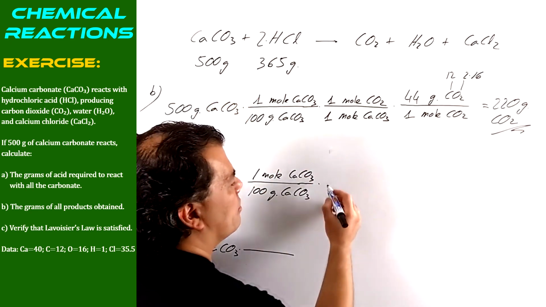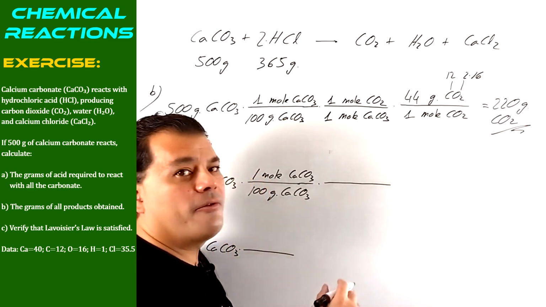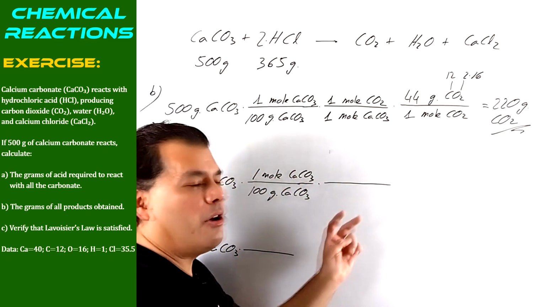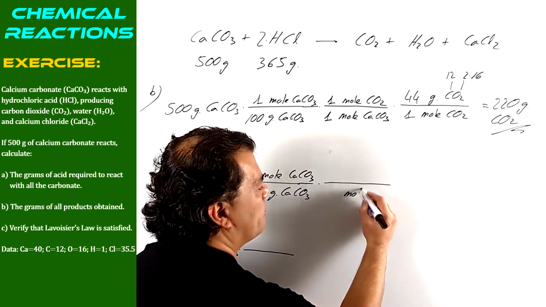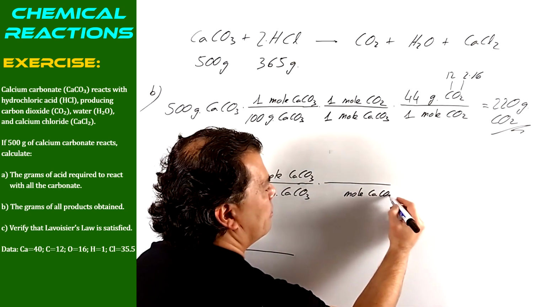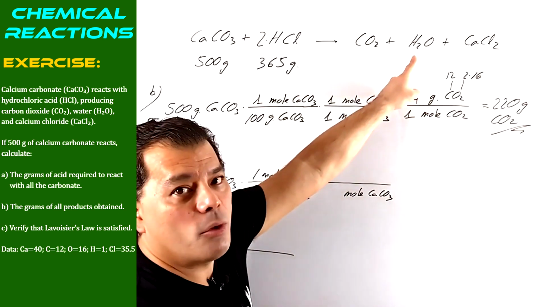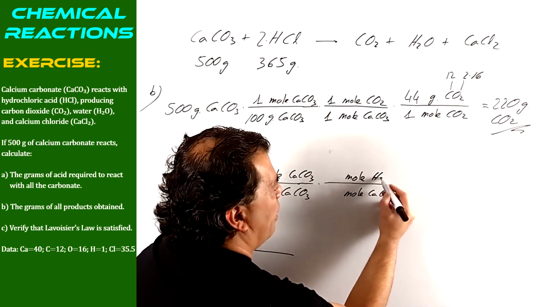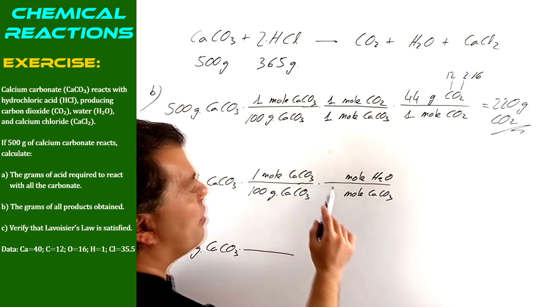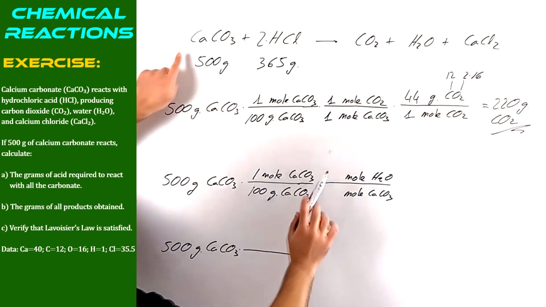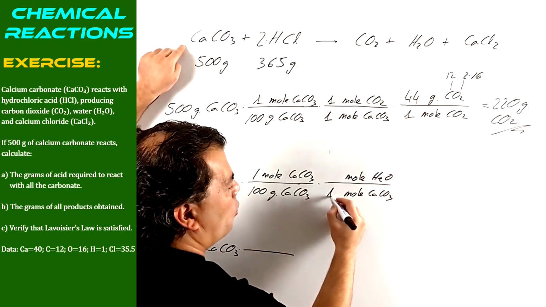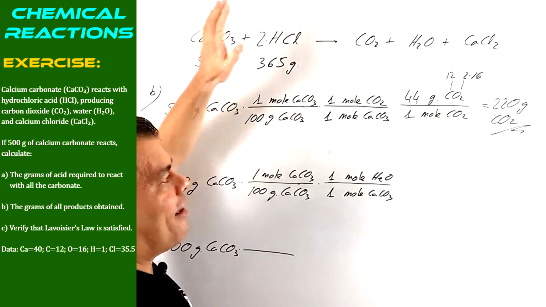The difference is here in the second conversion factor, because here we are moving from moles of calcium carbonate to get into moles of water. And now there come the stoichiometric coefficients, 1 for calcium carbonate and 1 for water, 1 to 1.